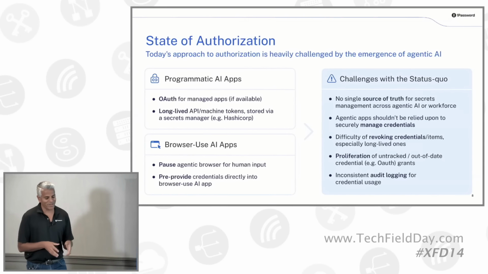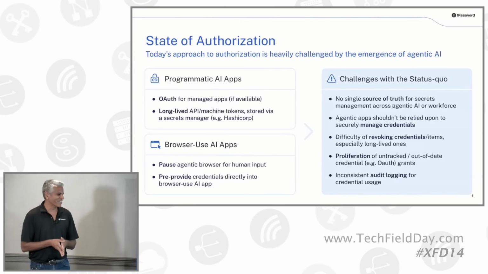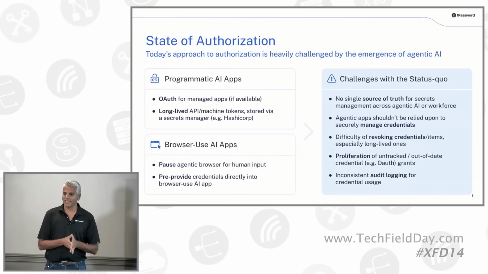The risk that one day you go to some chatbot and type, hey, what is Anand's password for this thing? And all of a sudden it knows. That increases each time it happens. So rotating and revoking these credentials is really important. Then there's the proliferation of out-of-date grants. I've connected my Slack app to a lot of things and I don't think I've kept track of that, and there's no single place to keep track of that either. That's even more important with agentic AI. And for audit logging, the bar is much higher, as I mentioned before, and that has to be improved for AI.